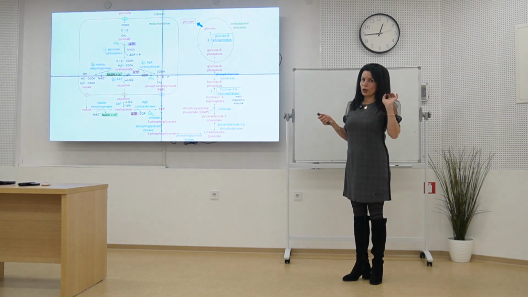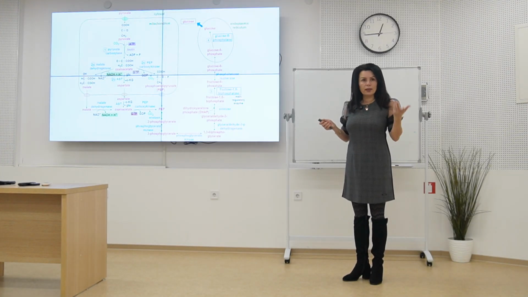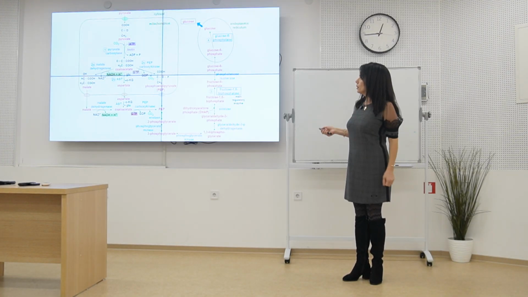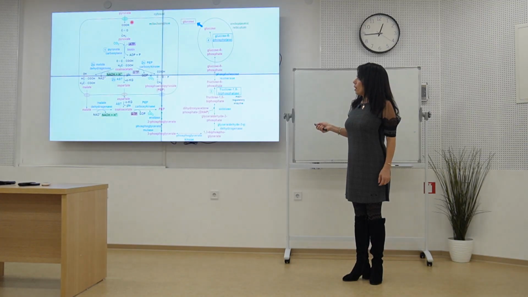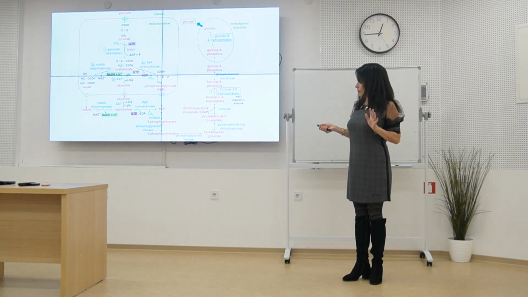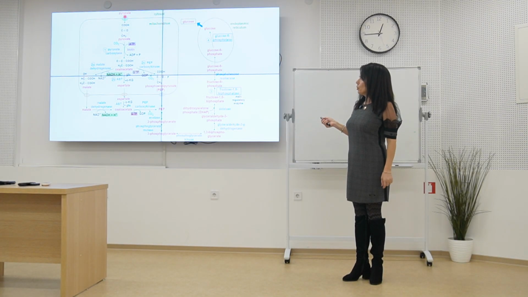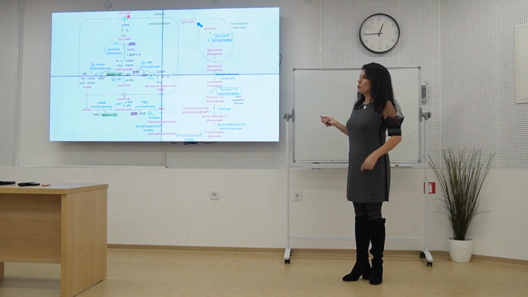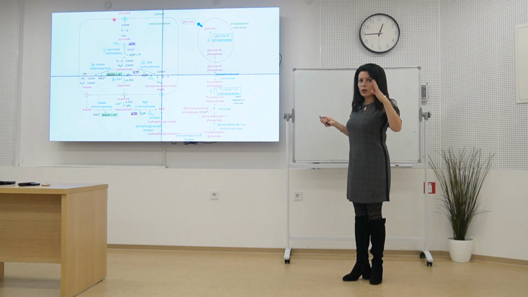Actually, the so-called shuttle, you know from the Krebs cycle lecture, because we talked about that. What is the purpose? The purpose of this reaction is to bypass the reaction from phosphoenolpyruvate to pyruvate.